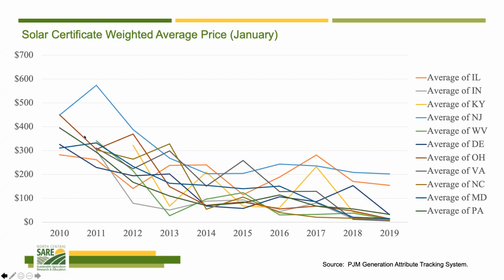You can see, obviously, there's a consistent downward trend. New Jersey is the one sticking up here in blue. They're still right at $200 per SREC. I went on one of the aggregator websites and spot checked prices.